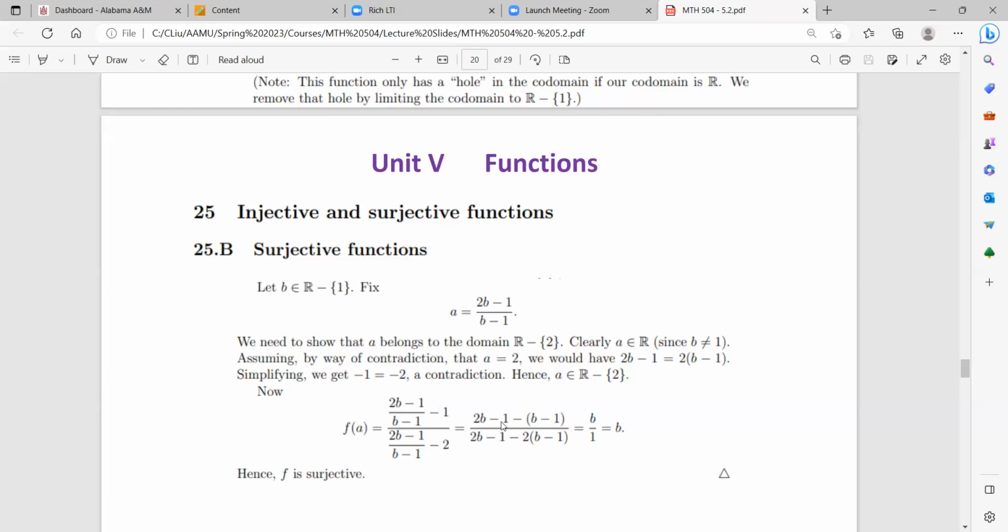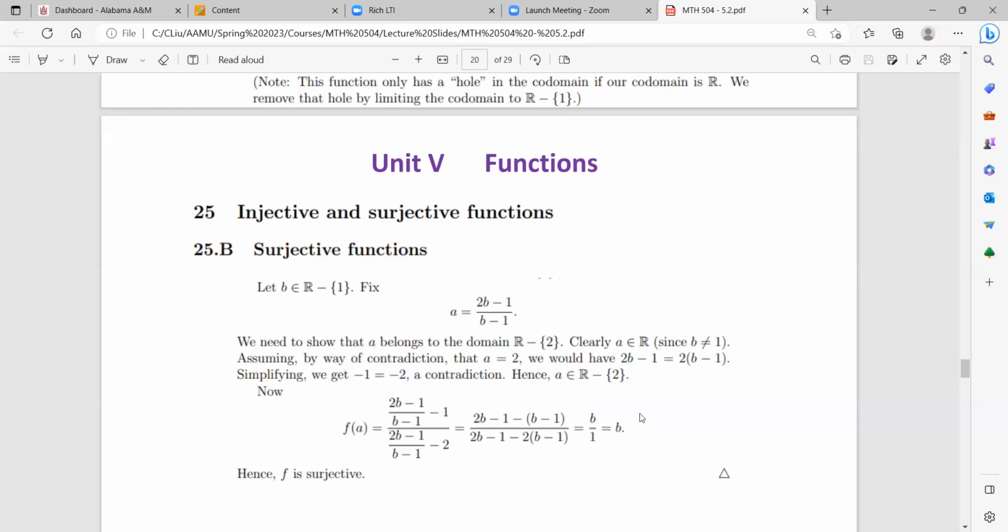So we got 2b minus 1 minus b plus 1 on the top. -1, +1 cancels, and 2b minus b is just b. At the bottom, if you distribute -2 to b minus 1, you get -2b plus 2, and 2b and -2b cancel. -1 plus 2, which is 1. So we got b over 1, which is b. So f of A equals b.